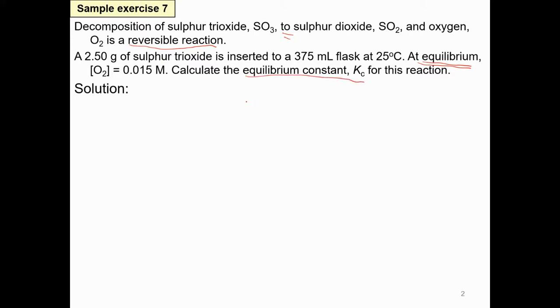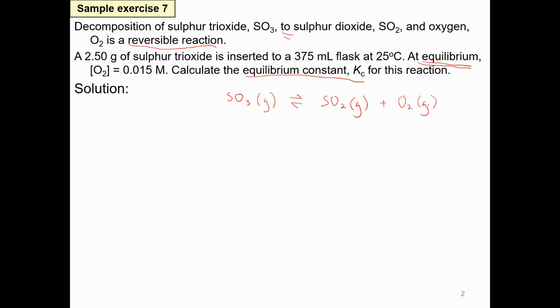Okay, so the first thing, because the reversible reaction equation is not given, we have to write our own. So write down first, sulfur trioxide decomposes to sulfur dioxide plus oxygen gas.